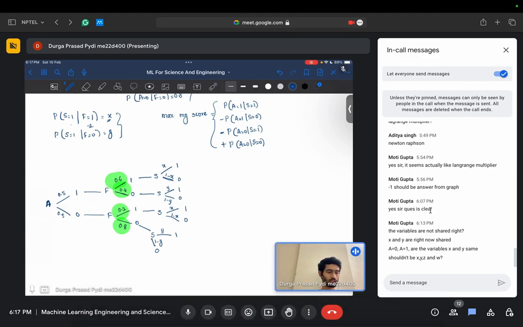So now, with these things in, suppose if I want to have the probability that a equal to 1 given s equal to 1, it is essentially the probability that both a and s are 1 over the sample space that only s equals to 1. So how will I calculate this probability that s equal to 1? So there are different cases here.